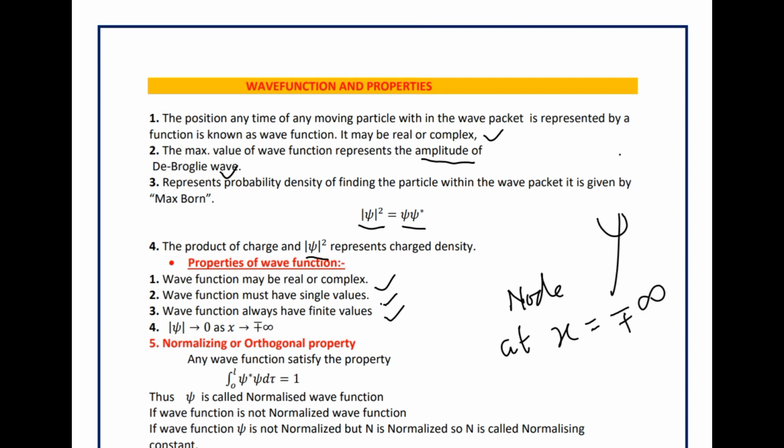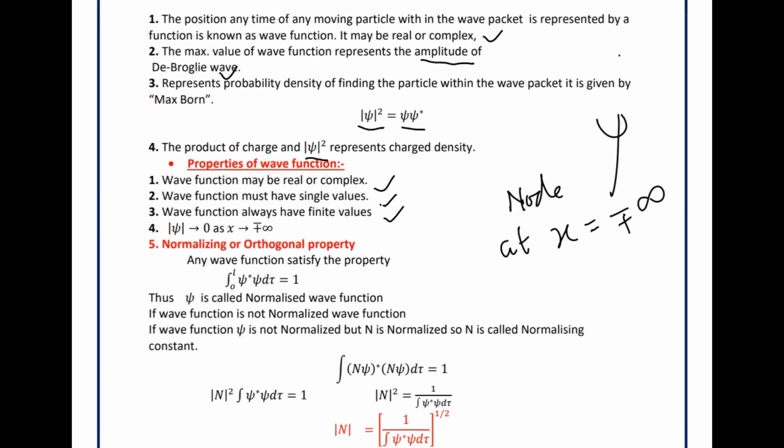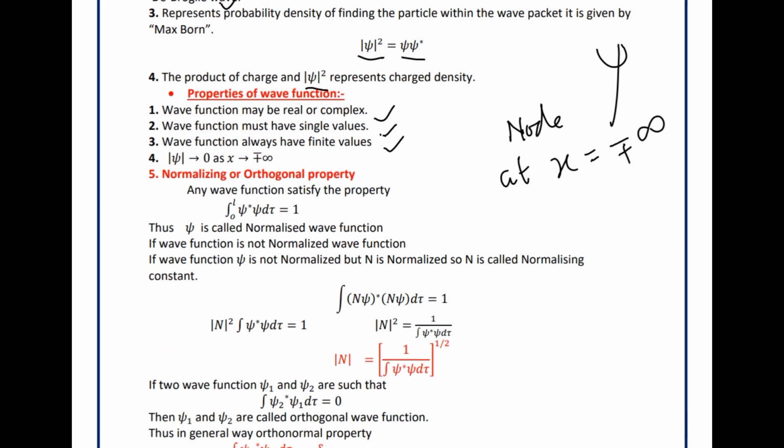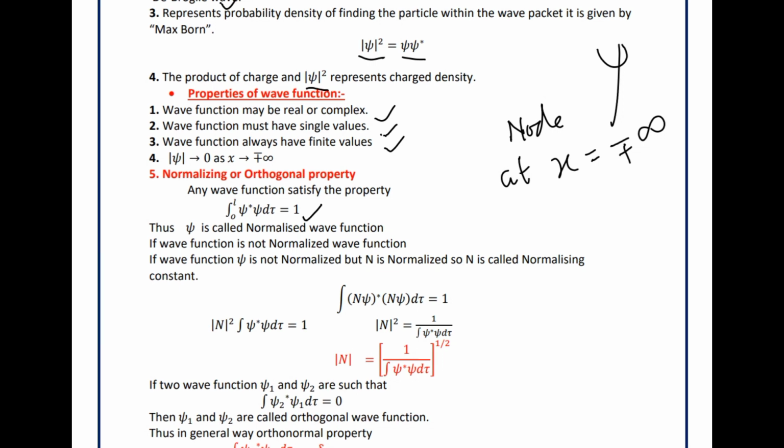Next property, normalizing and orthogonal. A very important property of the wave function. If we multiply psi with its conjugate psi star and take the integral within the given limit, and we get the value of 1, that means the total probability of finding the particle in the given place is 1.